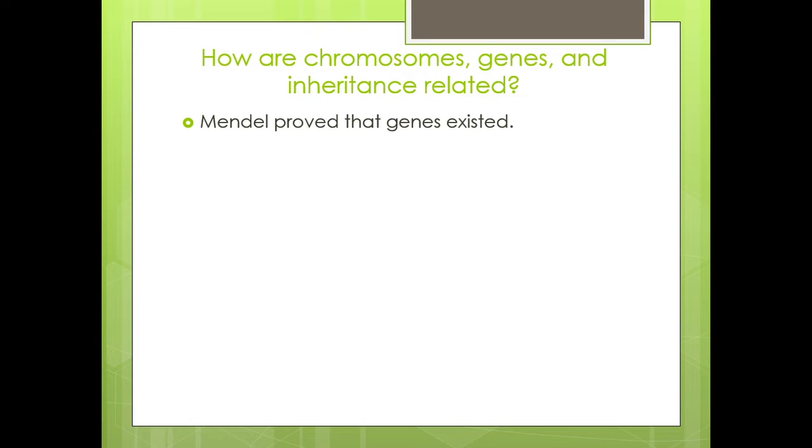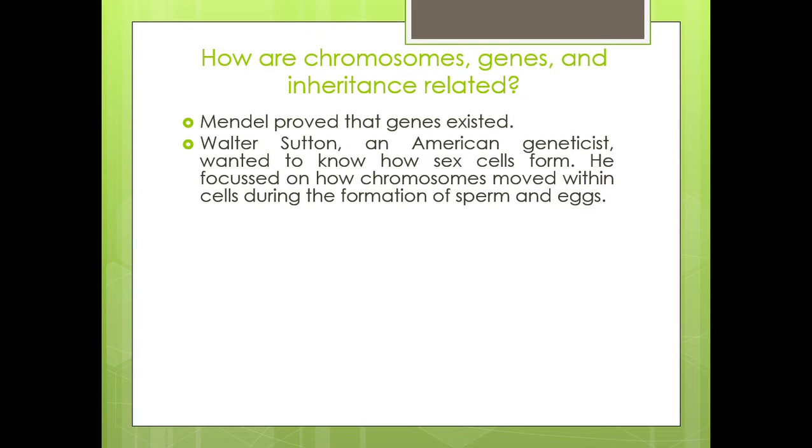So he defined that as genes. Right? We have something related to Walter Sutton, an American geneticist. He wanted to know how sex cells form, and he focused on how chromosomes moved within cells during the formation of sperm and eggs.